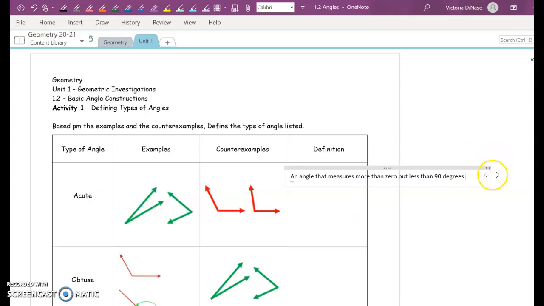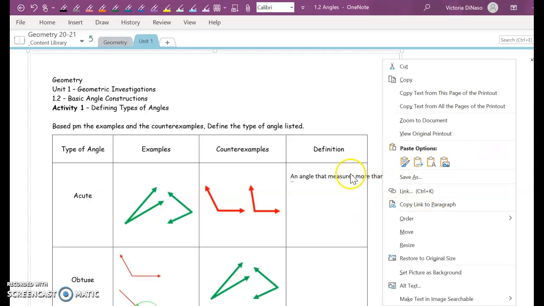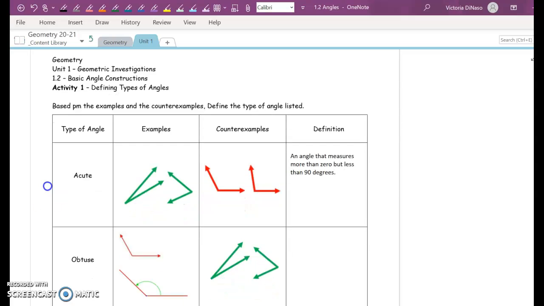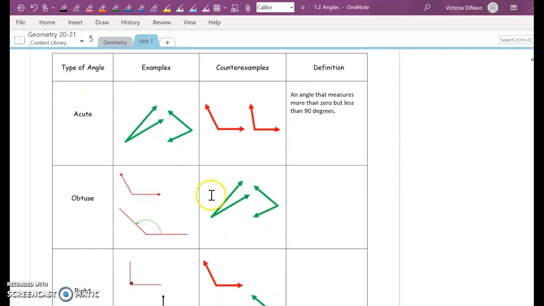So more than 0 but less than 90. Our next definition, so we have an example of an obtuse angle. And an obtuse angle is an angle that measures more than 90 degrees but less than 180 degrees.